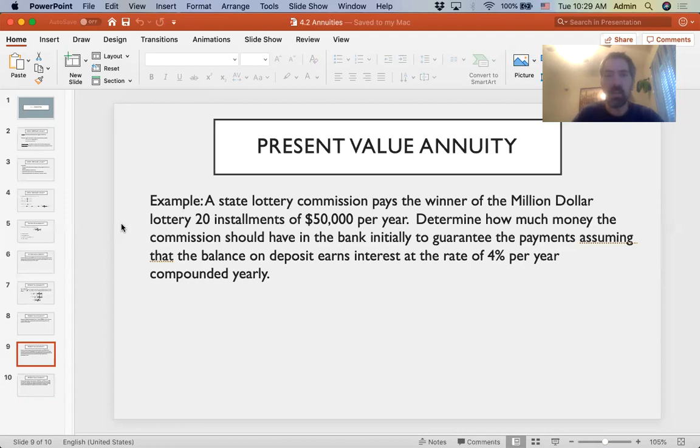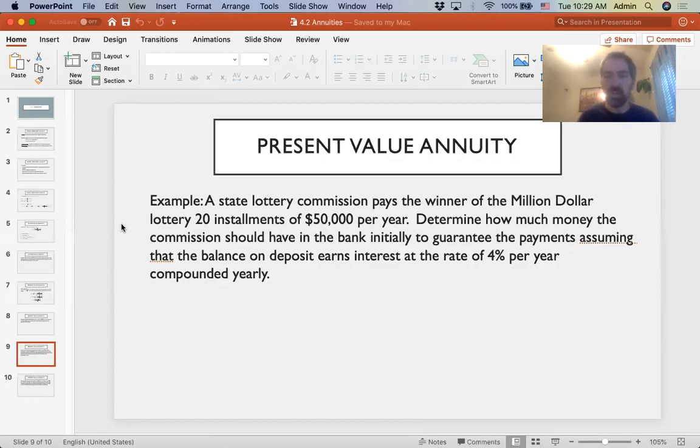If they were able to put their amount into an account that earns interest, they don't really need to have $1 million, because that initial investment is going to grow since they're making payouts 20 times over 20 years.